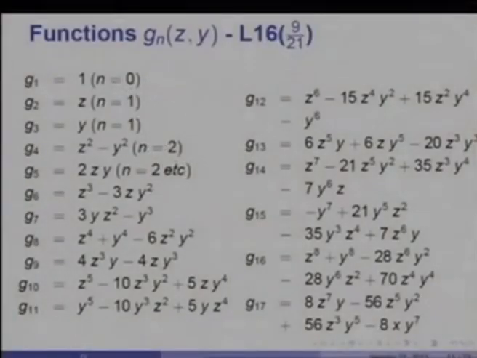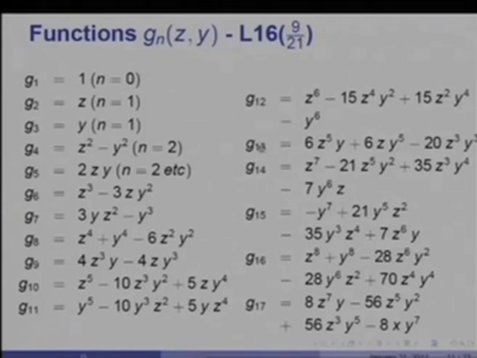So, likewise you can go on taking, so for example, g 6 and g 7 here are solutions for n equal to 3. G 8 and G 9 are solutions for n equal to 4. G 10 and G 11 are solutions for n equal to 5.